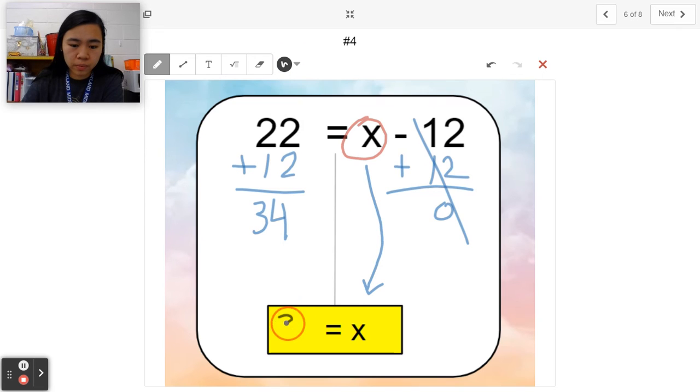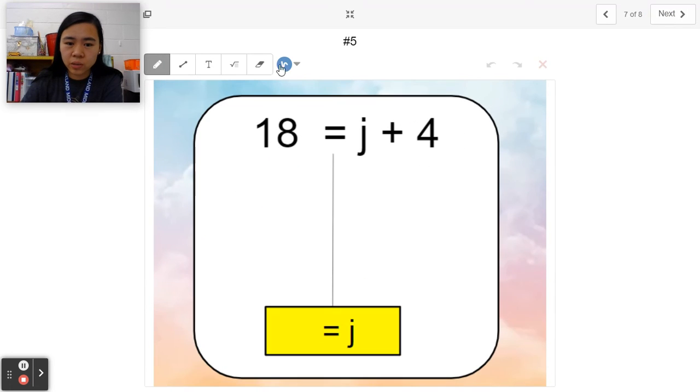Don't forget to check your work. Does it make sense if you plug in this 34 right here? 22 equals 34 minus 12? It does. One last one. Solving for j, circle your variable. We want j to be by itself, but right now there's a plus 4.